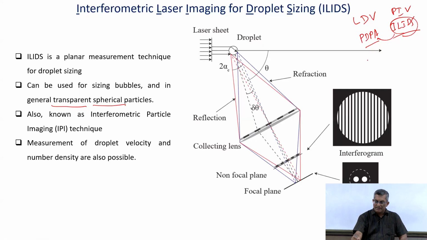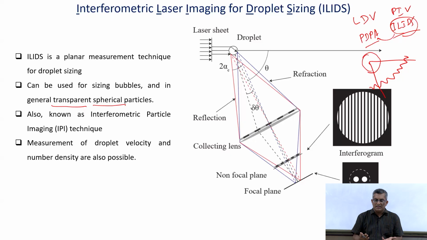And that is the reason why the scatter plot around a spherical particle shows oscillatory behavior. If you see the scattering in the forward scattering zone, you see this kind of oscillatory behavior, and that is because of interference due to the reflection and the refraction.